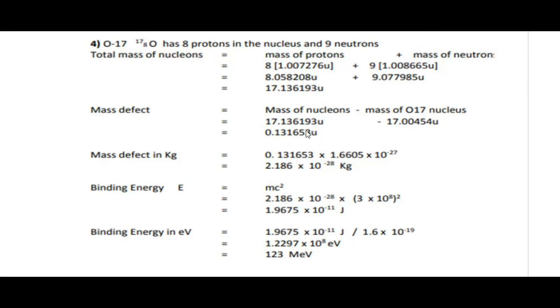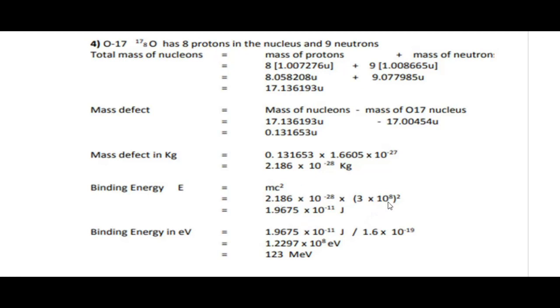And then we need to convert this into kilograms. So in order to convert this to kilograms, we will multiply by 1.66 times 10 to the negative 27 in order to get the kilogram. Then let's substitute everything to this equation. Remember this equation, E equals mc squared.